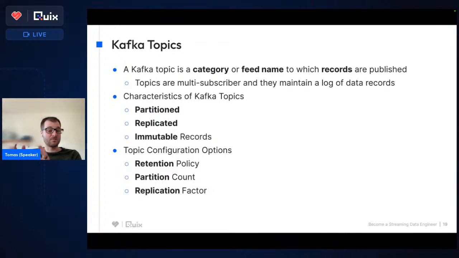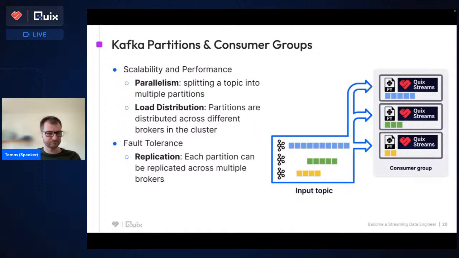Each topic gets replicated, so you can send data twice, 3 times to make sure that if the broker node in a cluster where you're sending your data is down, streaming is ensured. And also, it's immutable. So once you send a record to a topic, you can't change it. Now, every time you create a new topic, you're going to have to set certain configuration options, which I'm going to show you in the programming session.